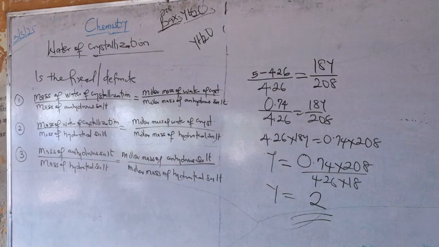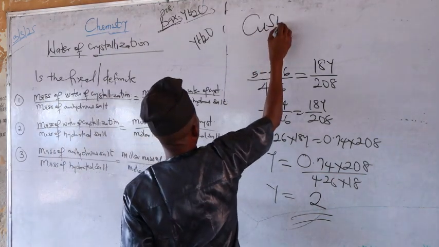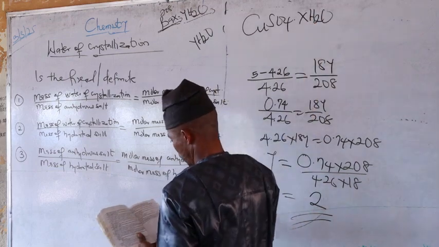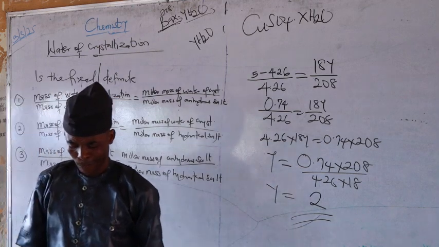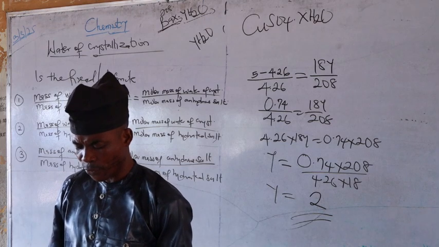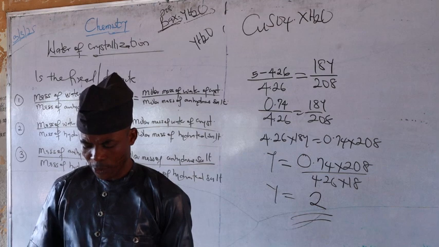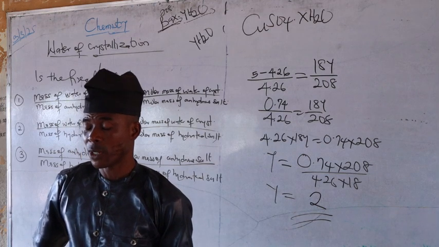Now we have 0.499 grams of CuSO4.XH2O. When heated to a constant mass, it left a residue of 0.346 grams.